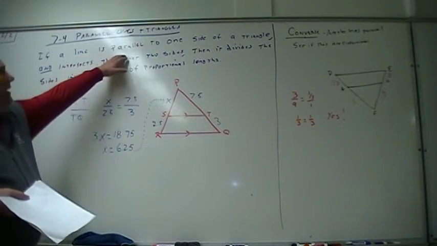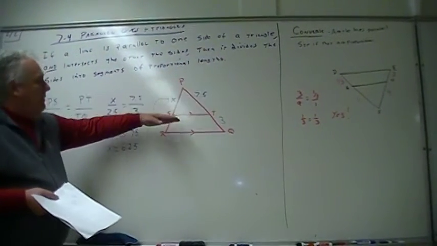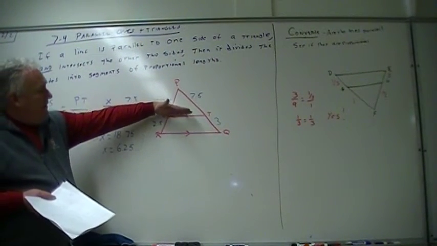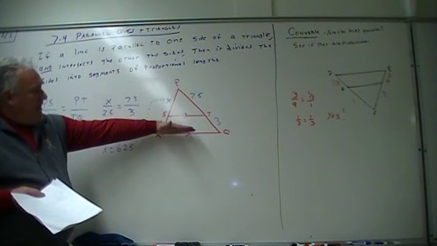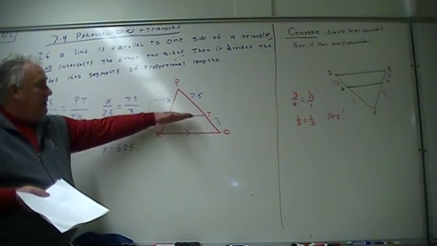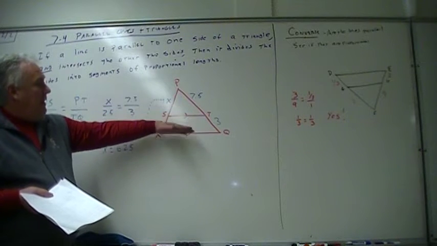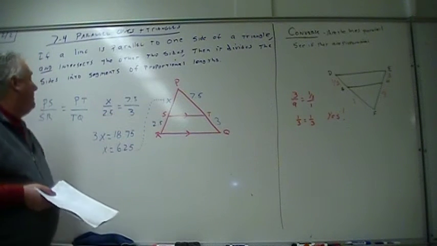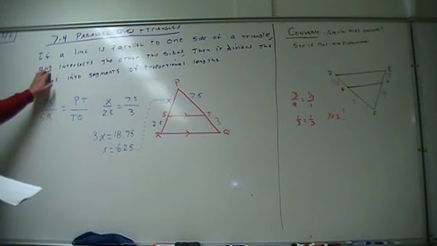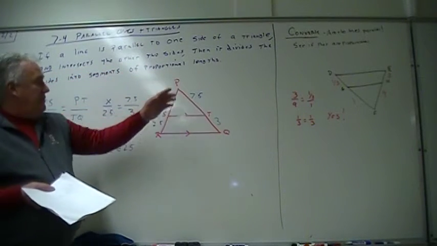If a line is parallel to one side of a triangle, so that we have this line parallel to this side of the triangle right here. Parallel. We've got our parallel signs in. And it intersects the other two sides.